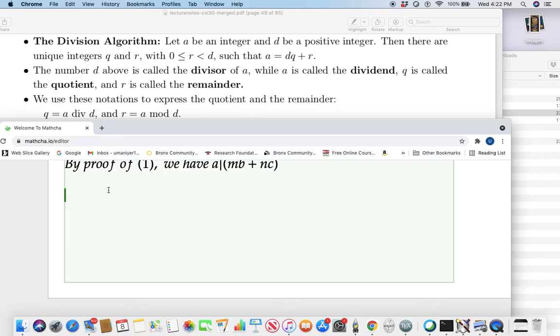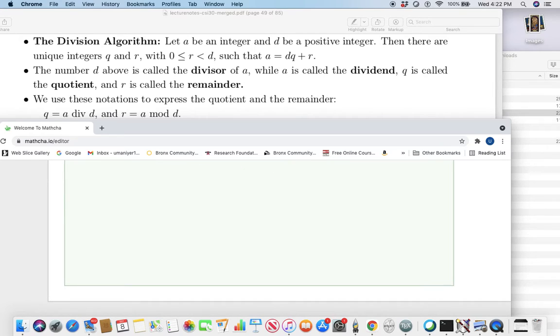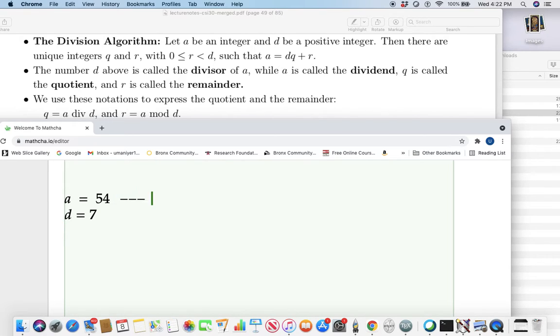For example, suppose I want to divide a equals 54 by 7. So a is the dividend and 7 is my divisor.